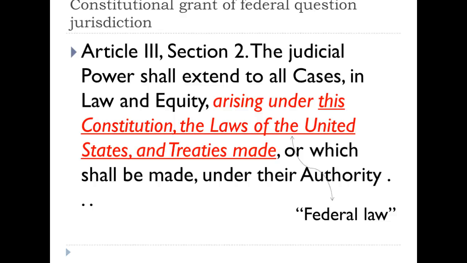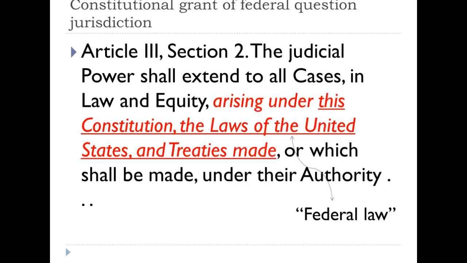The part that I have underlined, which is also highlighted in red, this Constitution, the laws of the United States, and treaties made, is very frequently, if not always, sort of abbreviated to the simple words federal law.